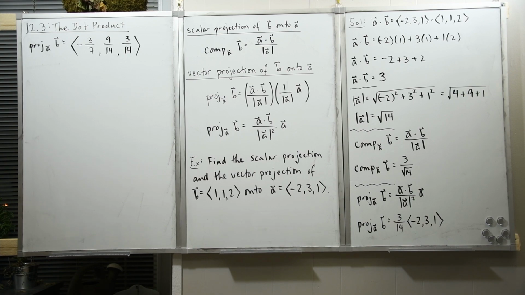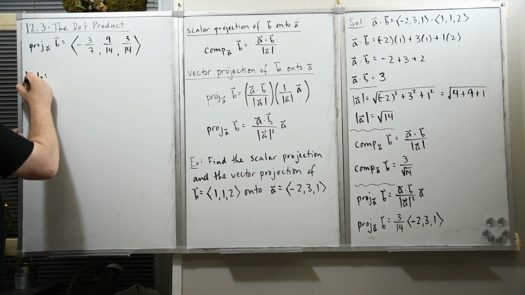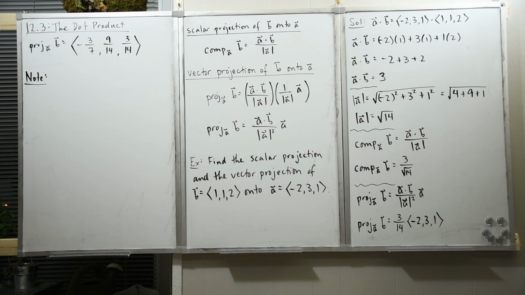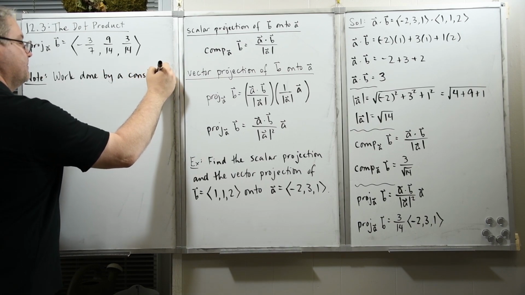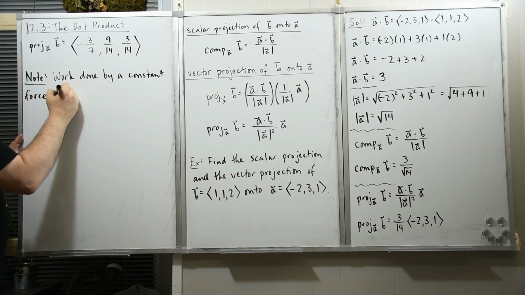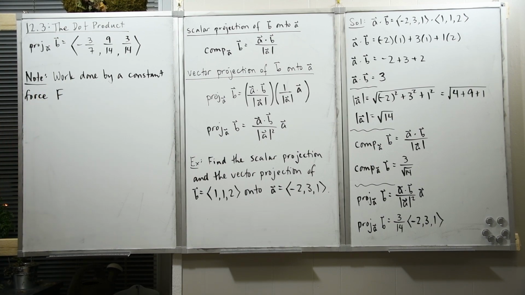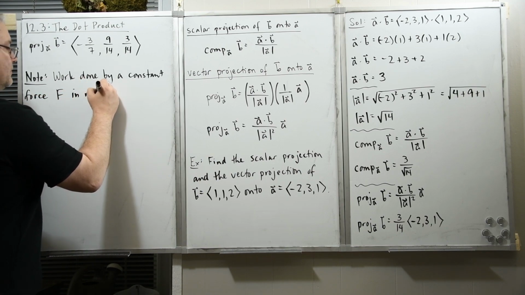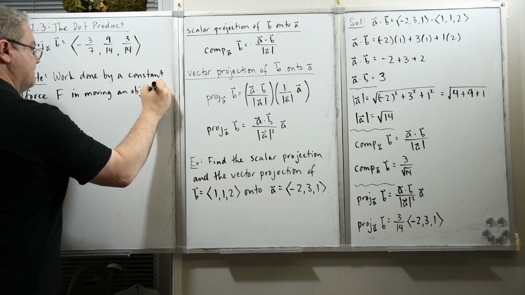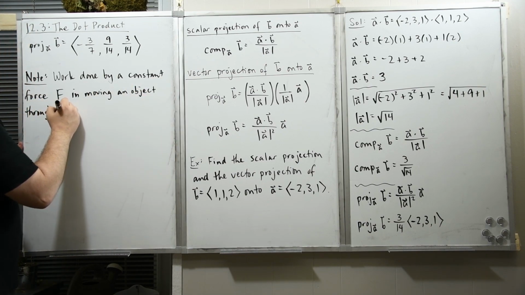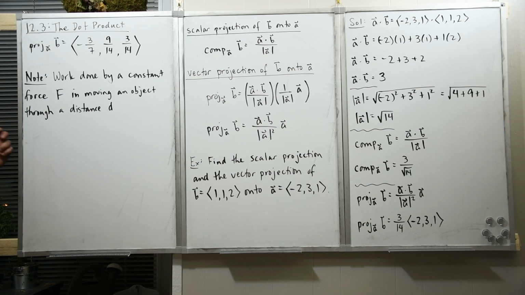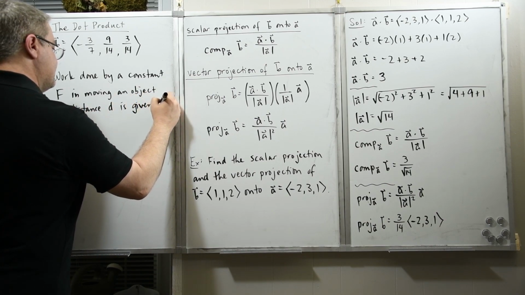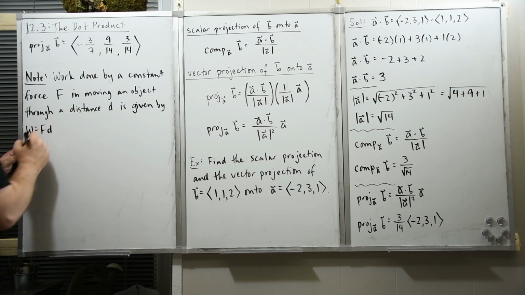All right, so there is one last part to this section. Here we have work done by a constant force F, moving an object through a distance d, is given by work equals force times distance.